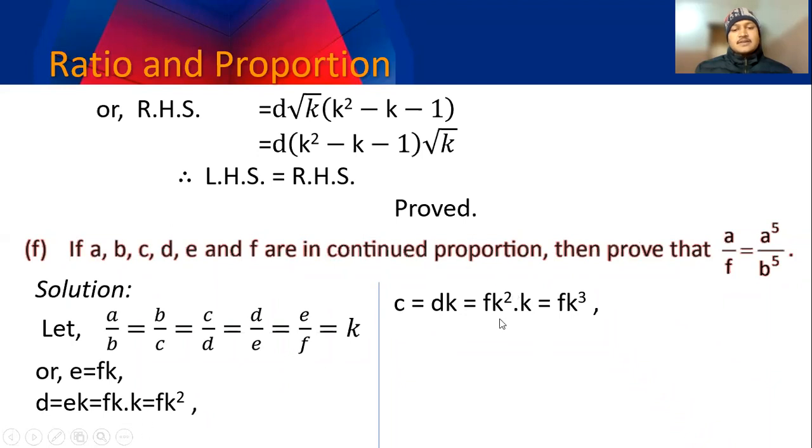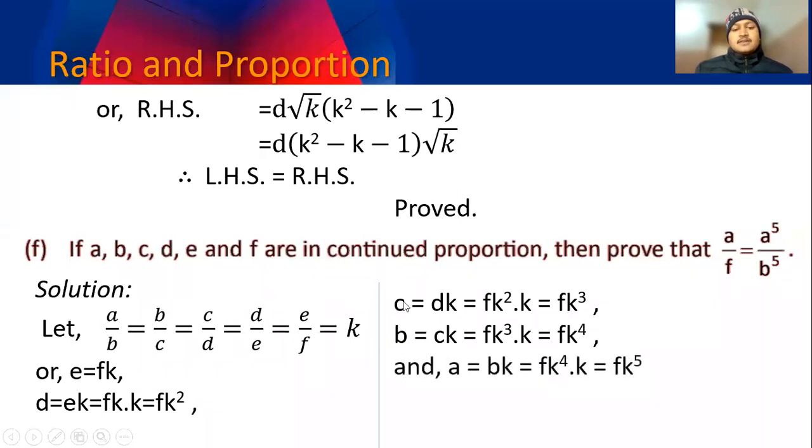Putting that in, Fk square into k, Fk cube. And value of B is Ck, C is Fk cube, so B is equal to Fk power 4. And last one, A is equal to Bk, and value of B is Fk power 4, so Fk power 4 into k is Fk power 5.